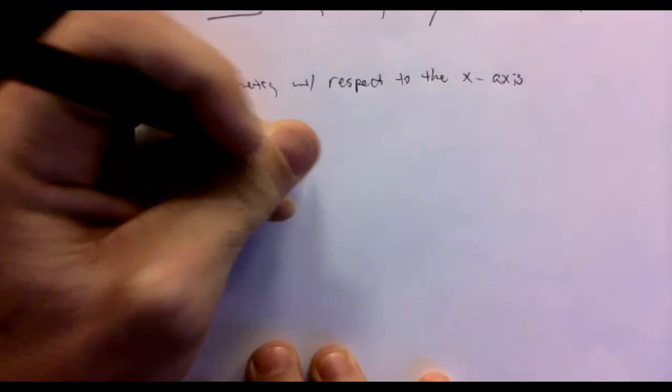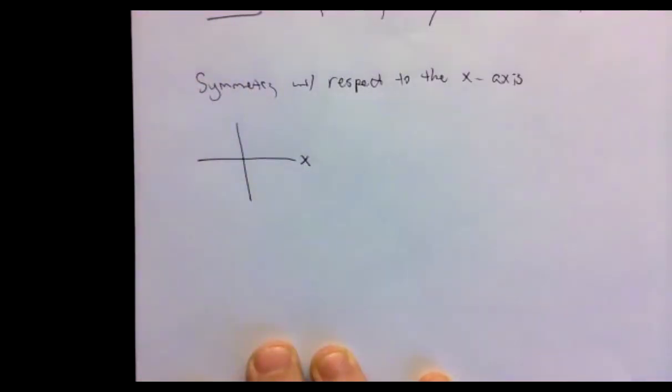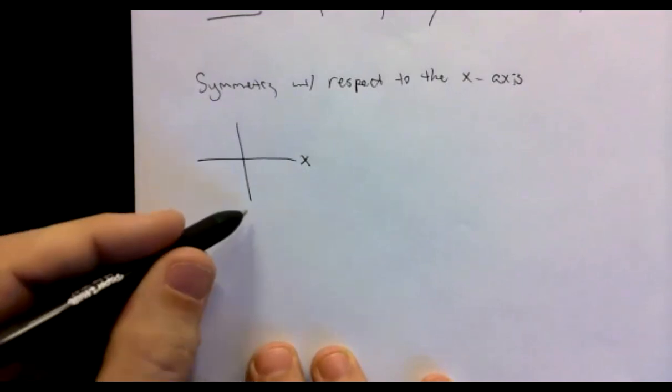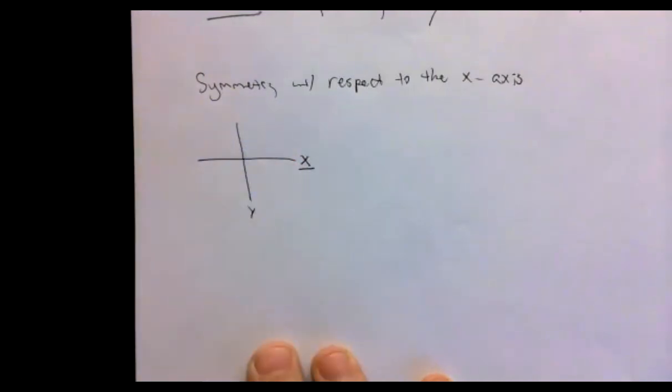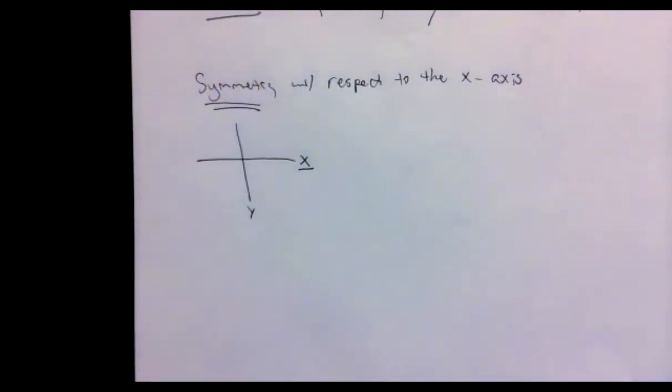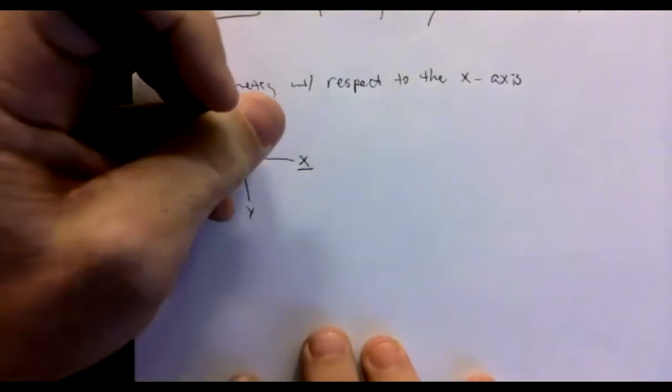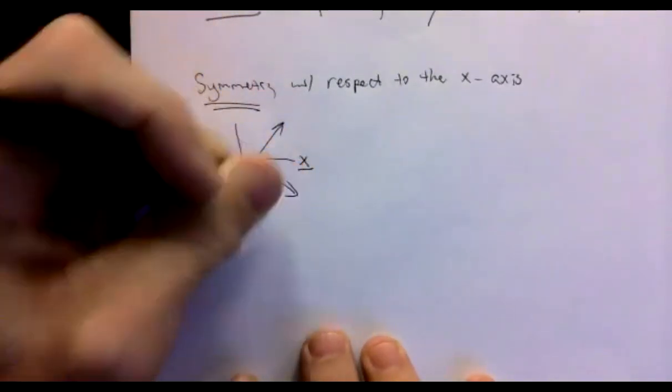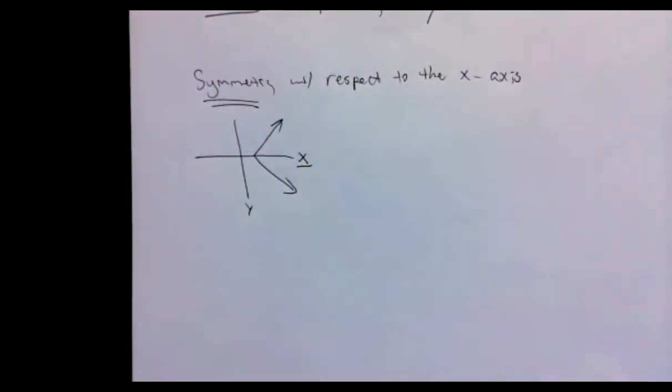So again, the x-axis is the horizontal axis. Y is your vertical, x is your horizontal. So we're looking for symmetry, kind of like a mirrored reflection with respect to the x-axis. An example would look something like this.